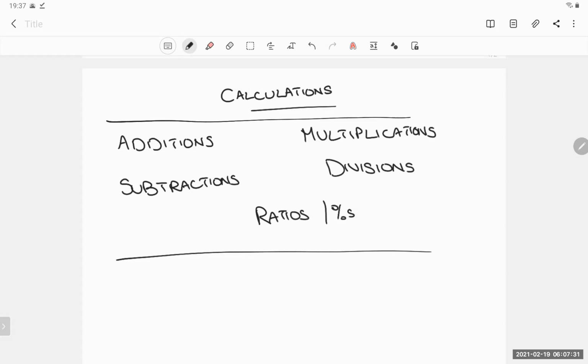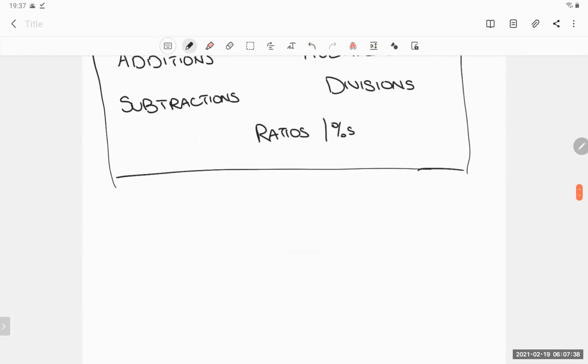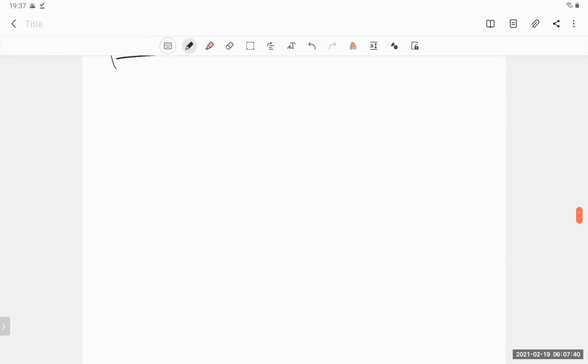Generally, these are the mathematical operations that you would be required to perform when you're solving the questions in LRDI. In this session today, we will spend time specifically on additions.